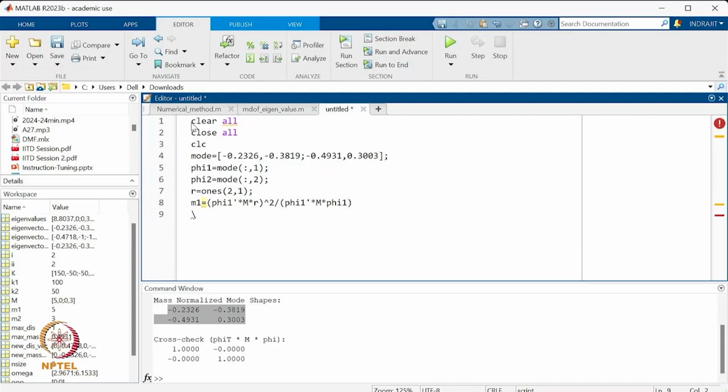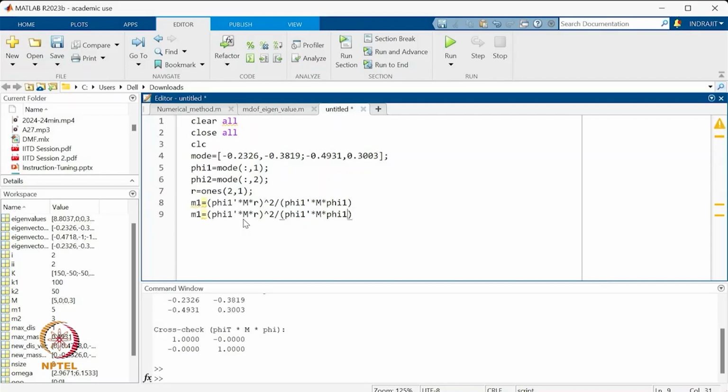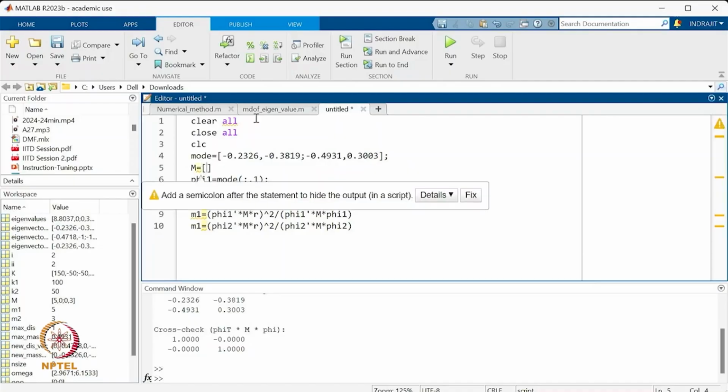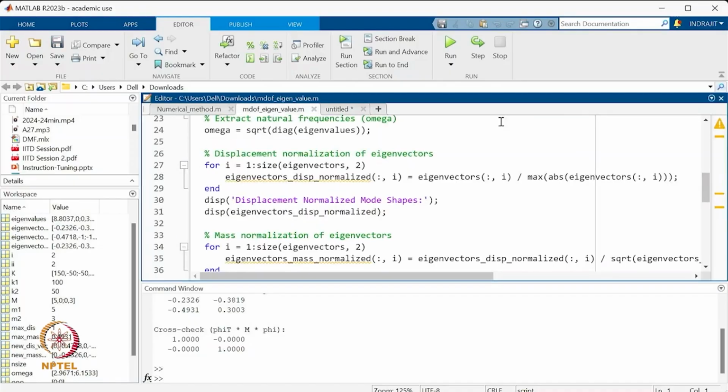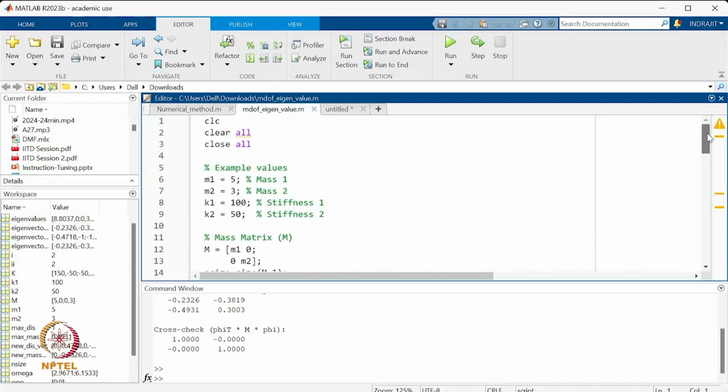And my M2 will be similar. I will just do it for phi2, instead of 1, I'll do 2. I need also the M matrix, otherwise it will not solve. The M matrix, I think, was the same. Just need to check whether we are doing the same problem.